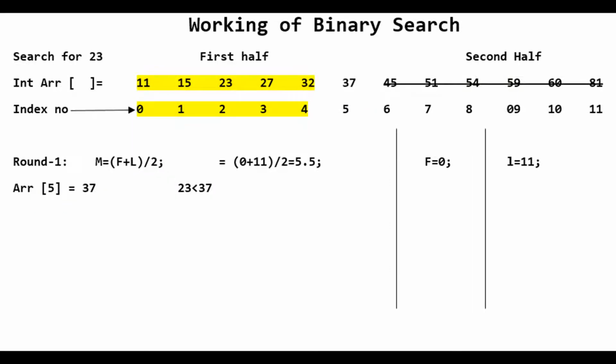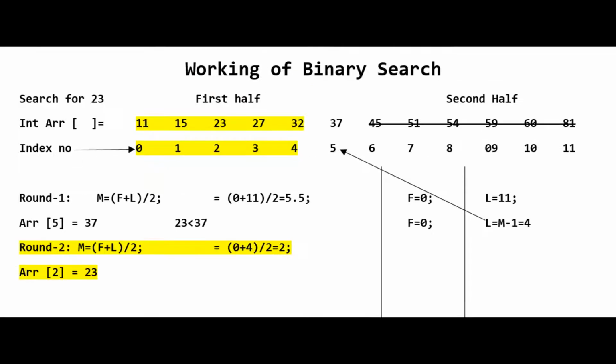Now the middle element is already compared, so the remaining segment is indexed from 0 to 4 only. So here the first index remains as 0 itself, but the last index instead of 11 should be 4.